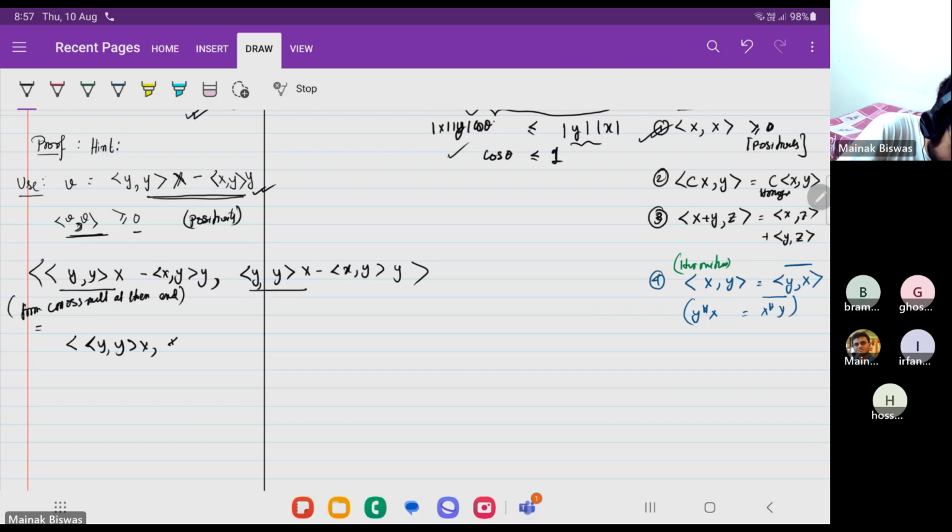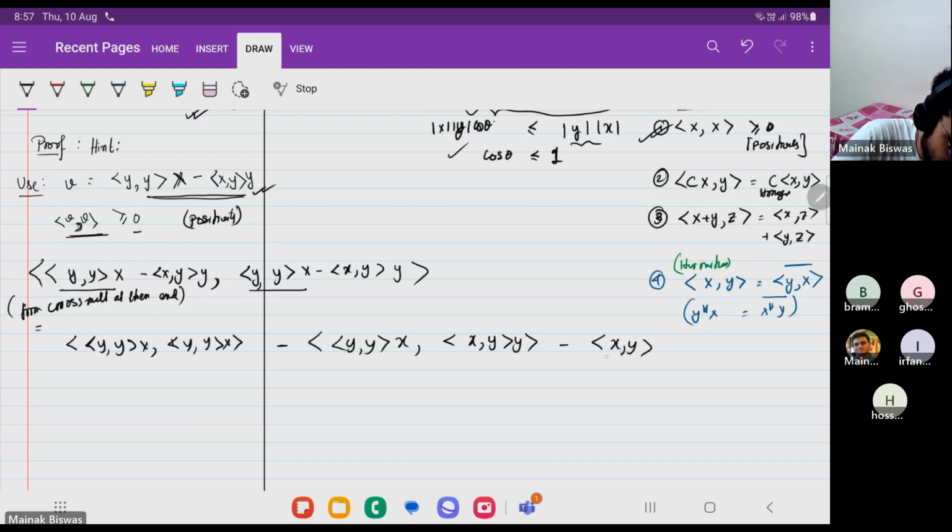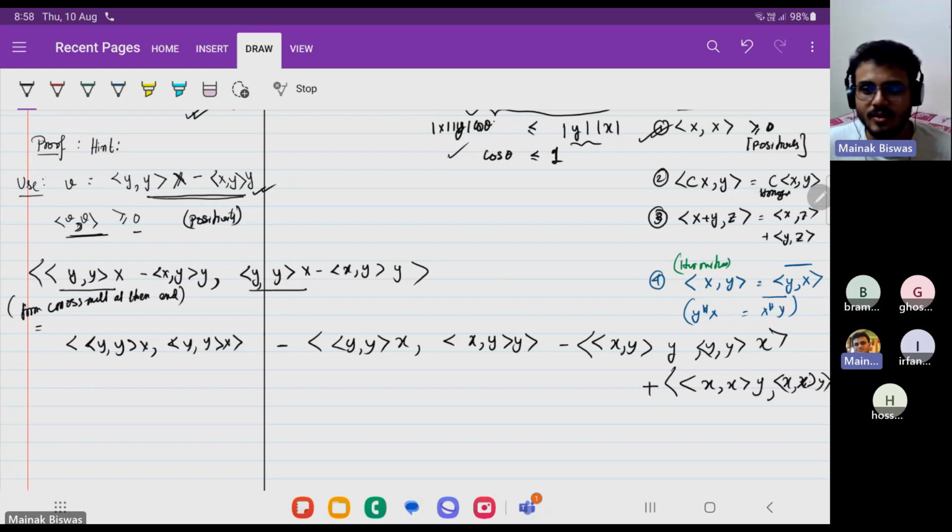X comma X, then minus X comma XYY, minus XYY, YYX. Once I write it down, I'll wait and then you will tell me if it is okay. Plus XXY comma XXY. Is it okay?